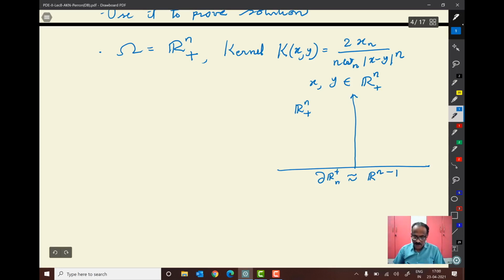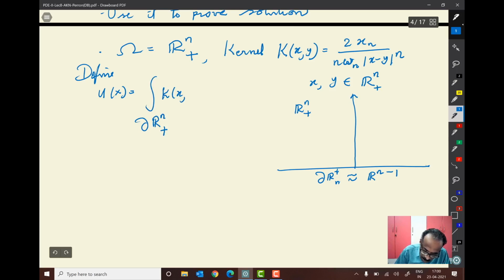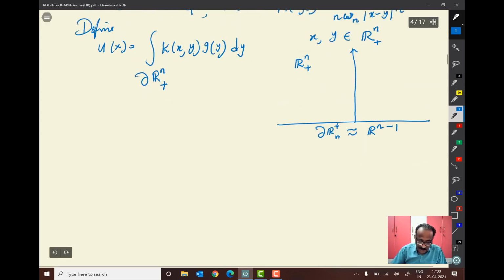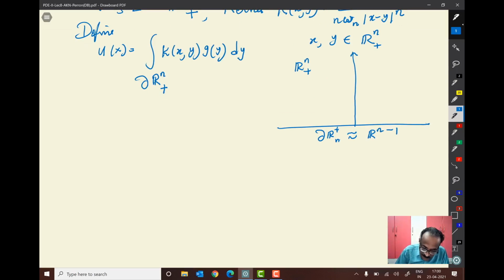Okay, so with this you can define, by the representation formula, u of x equal to the integral over the boundary of Rn plus of K(x,y) g(y) dy. I am taking f equal to 0 because that's a Newtonian potential which we will study later, and this is called the Poisson integral for the upper half plane.